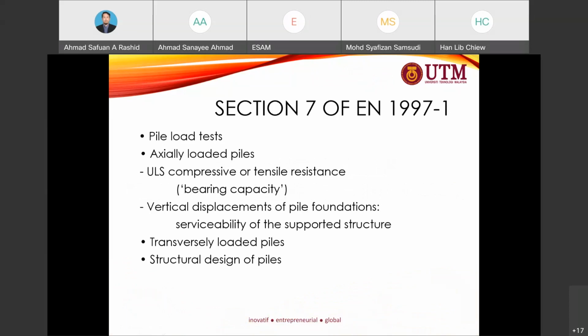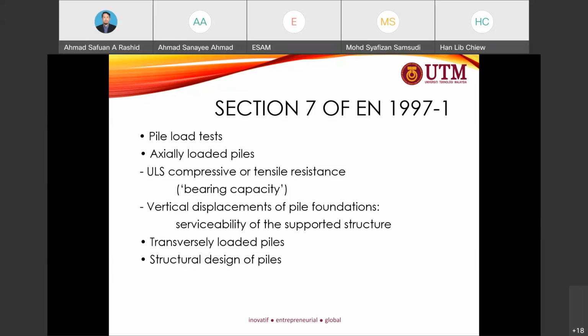For example, if the consultant has asked the contractor to conduct a pilot test, the consultant can use the result from the pilot test to determine the capacity of the pile, because it is tested on the field, under a full scale test.